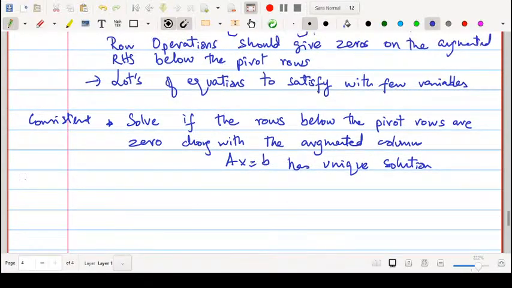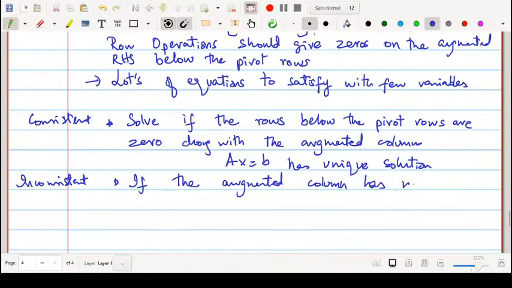But of course, that seems very unlikely, right? Most of the times, if you just try to satisfy lots of equations with only 3 variables, you're going to run into a problem. And so what can happen is they're inconsistent if the augmented column has non-zero entries below the pivot rows.